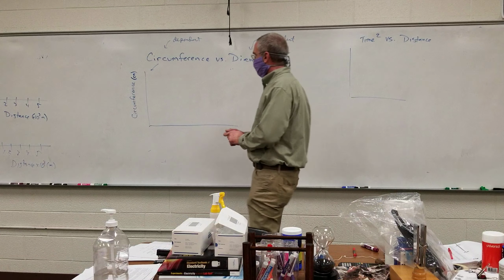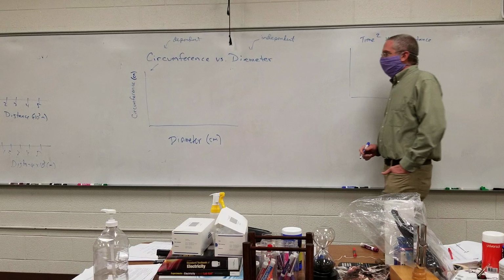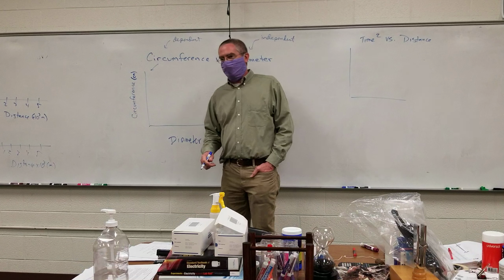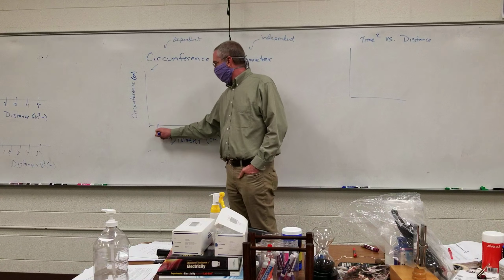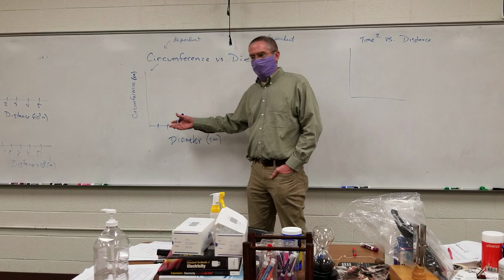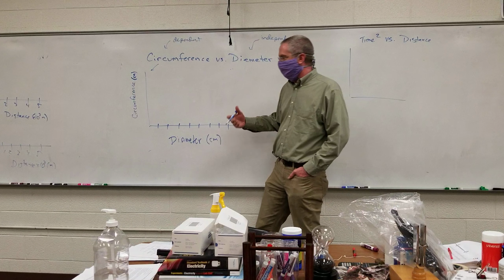All right, this down here will be distance, diameter, the other D word. With a space followed by those units. If you're doing this by hand, I'm expecting that the increments here will be even, so you're going by 1s, 2s, 3s, whatever it happens to be, 0.1s.